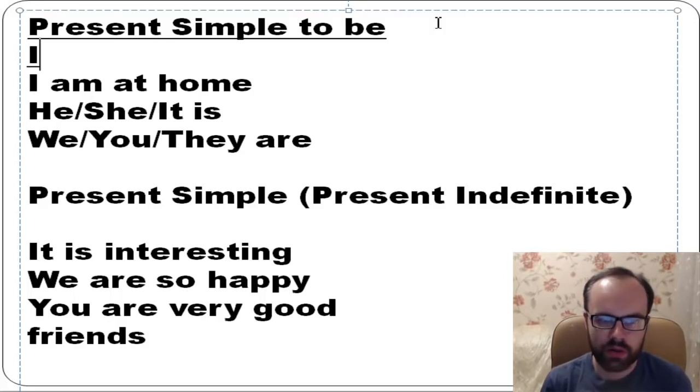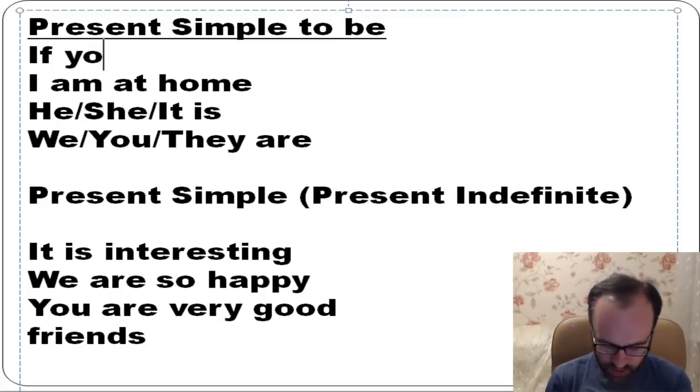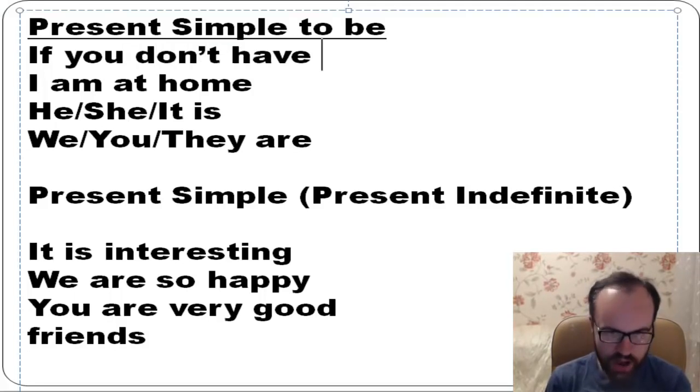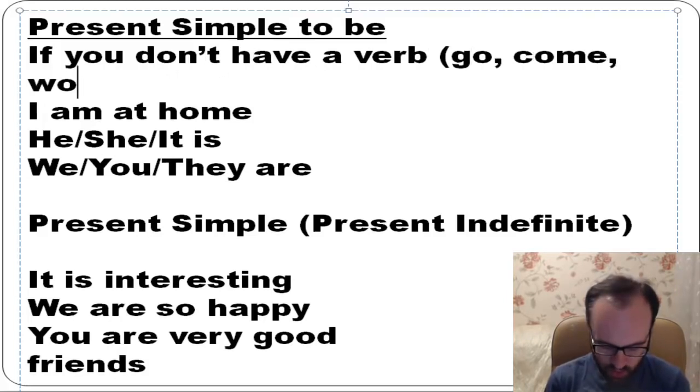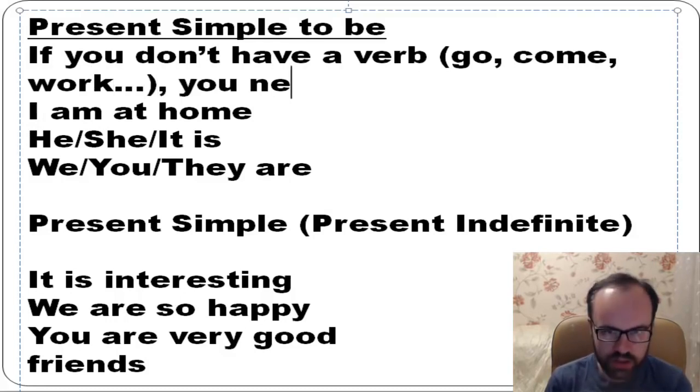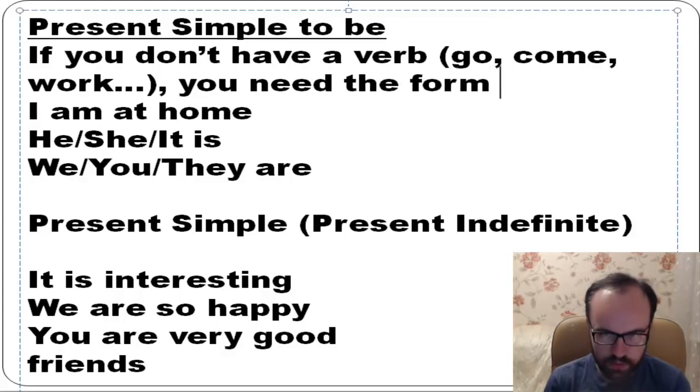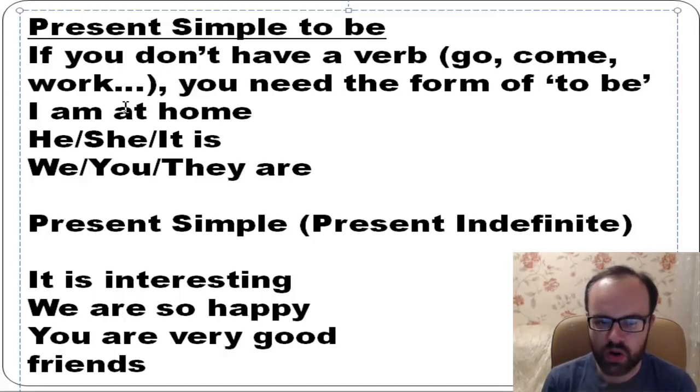If you don't have a verb in the sentence, for example go, come, work, and so on, you use the form of the verb to be. So it's am, is, or are.